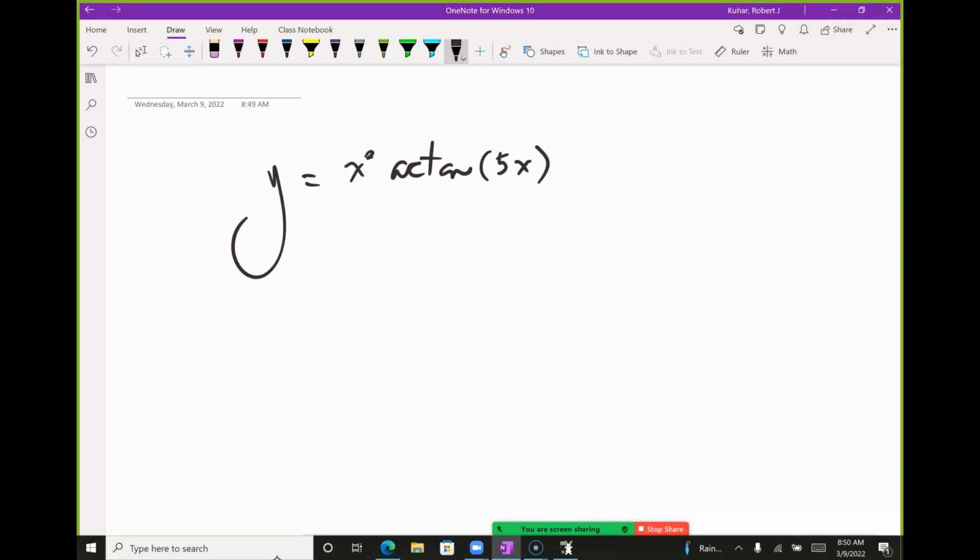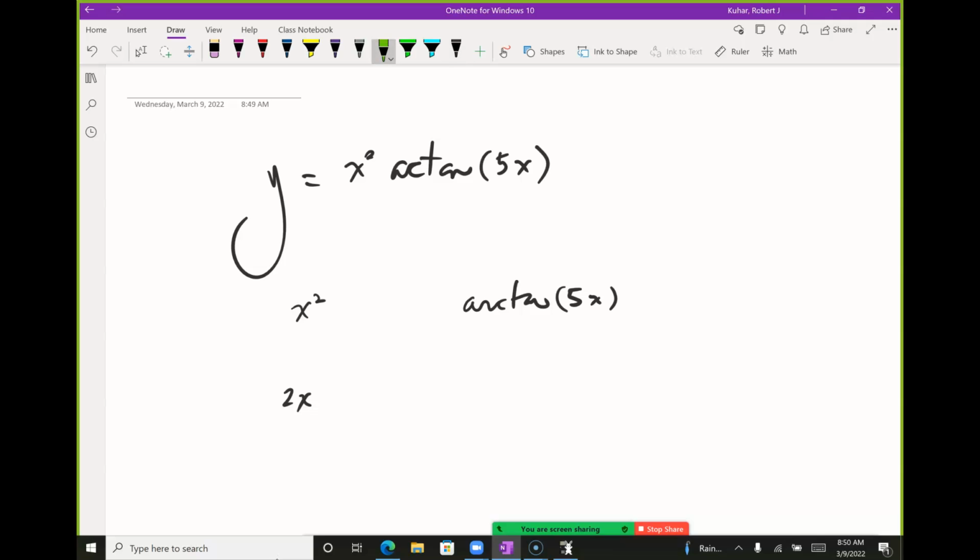Nice, so product rule here, but the arctan has got a chain rule, right? So my first function is x squared. My derivative is 2x. My second function is arctan of 5x, right? So I need to be thinking about u prime and u squared, right?